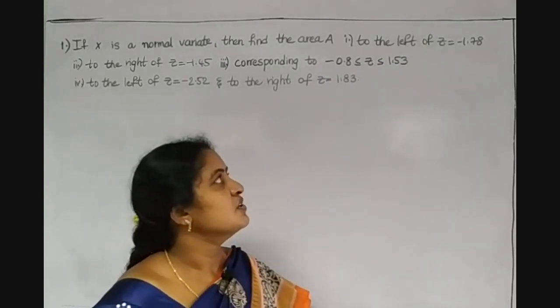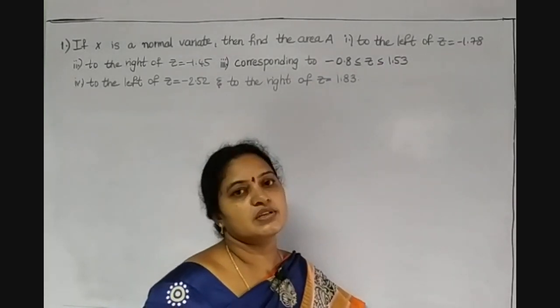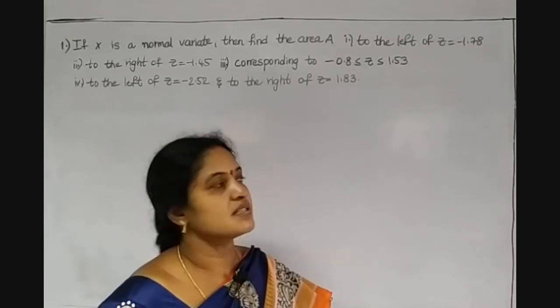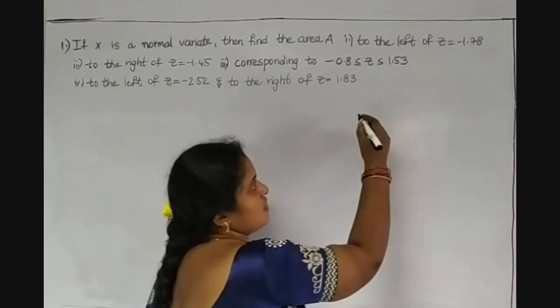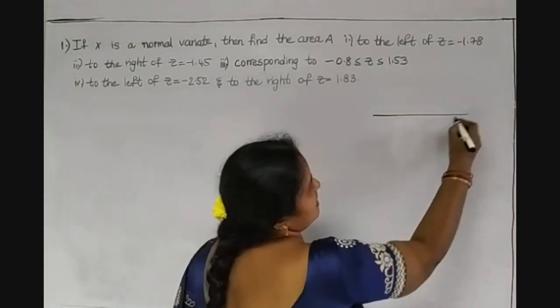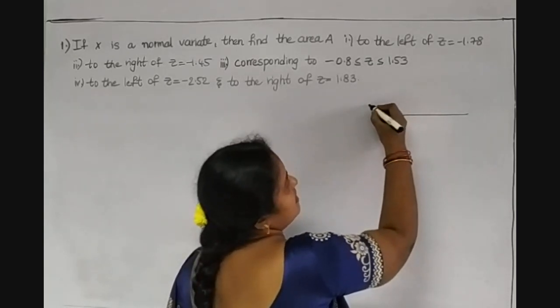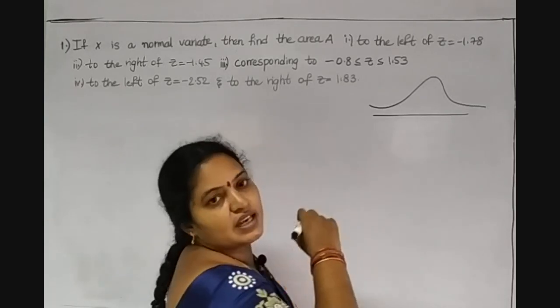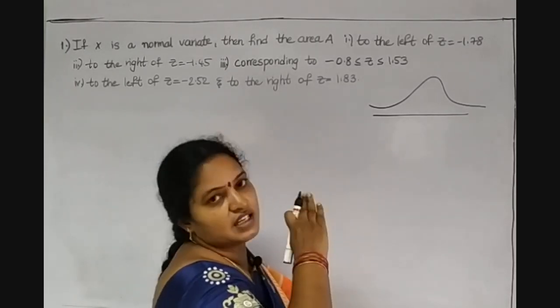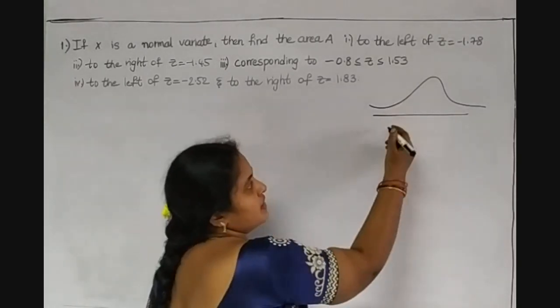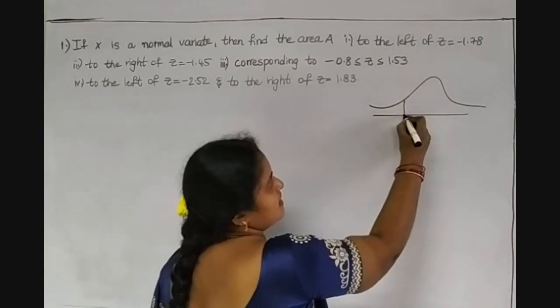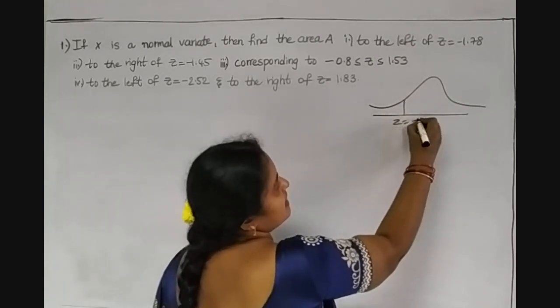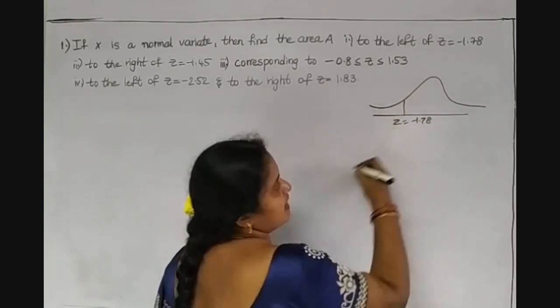First one is to the left of Z equal to minus 1.78. So already we know that the shape of the curve is bell shaped. Generally negative values will be taken on the left side. So we will denote it here as Z equal to minus 1.78.